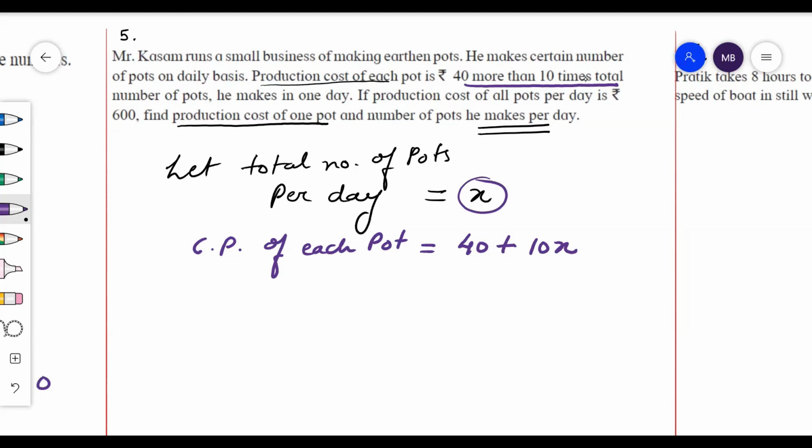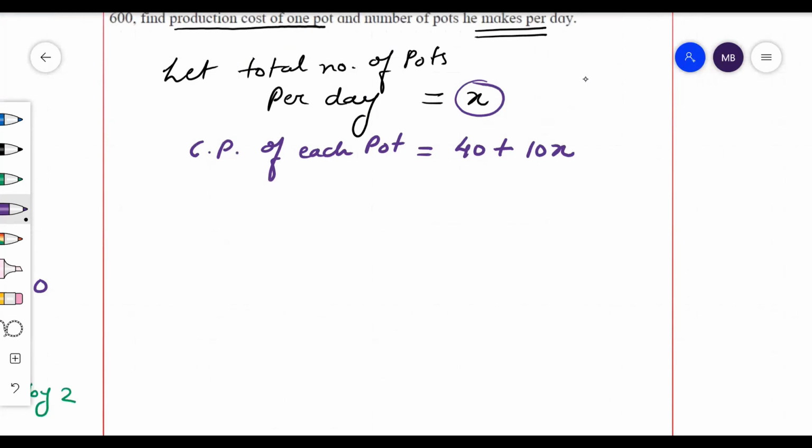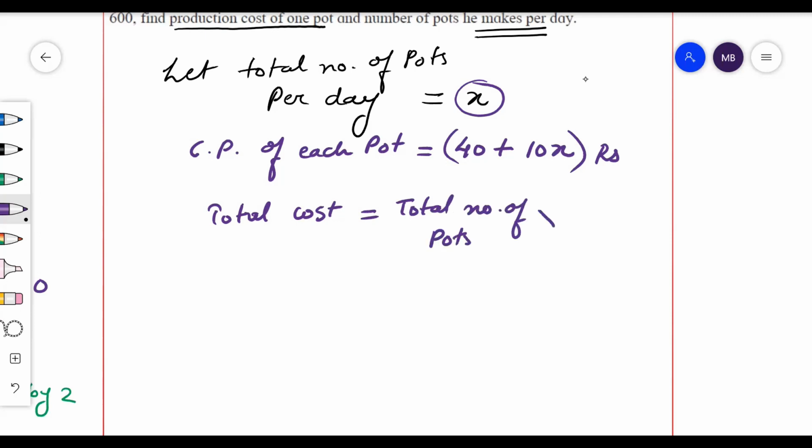Now, the production cost of all pots per day is rupees 600. He's producing x number of pots in a day. Cost of one pot is 40 plus 10x rupees. So what will be the total cost? The total cost will be the total number of pots into the production cost of each pot.